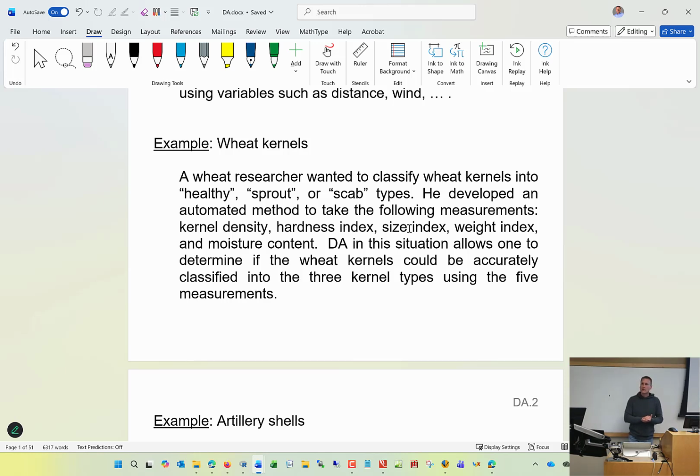Then we wanted to apply this new mechanism they developed to new kernels. If he could get it right, this would save a lot of time and give an automated way to make this judgment.